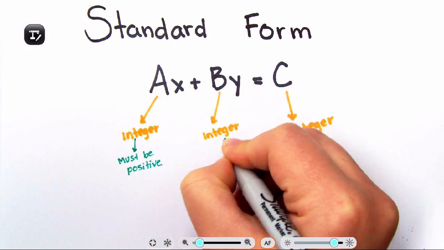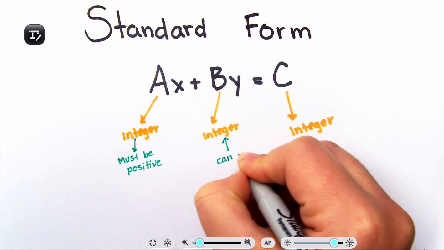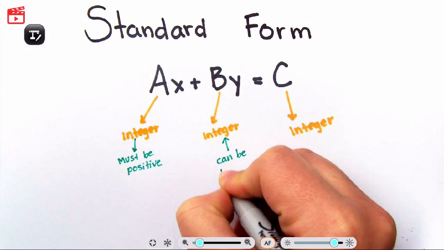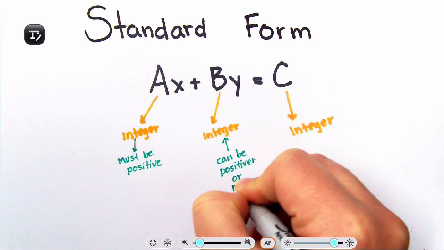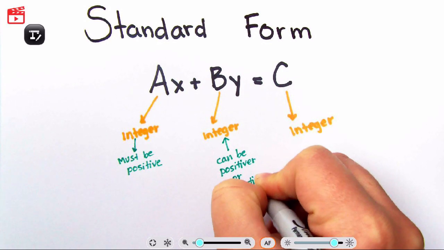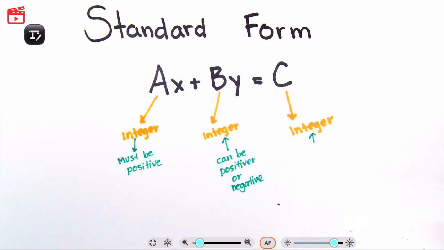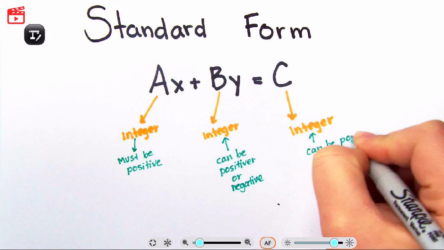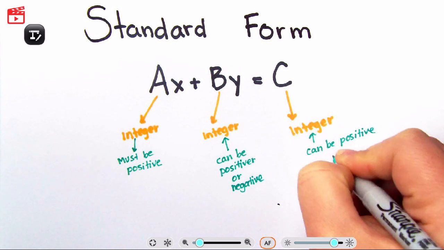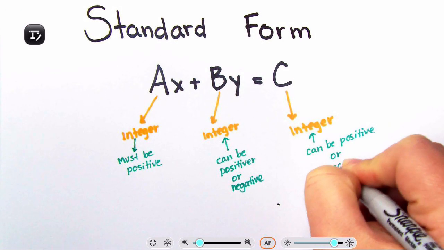B and C, they can be positive or negative. And again, C is the same thing. It can be positive or negative.